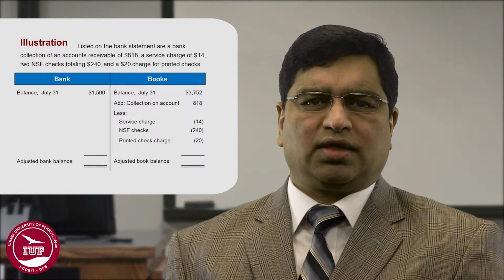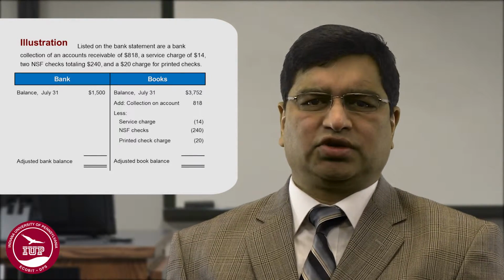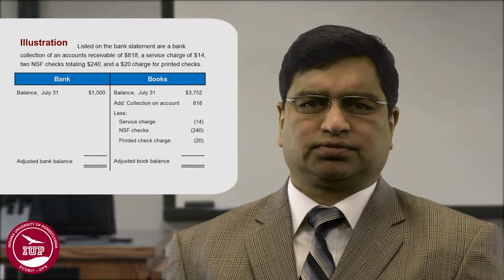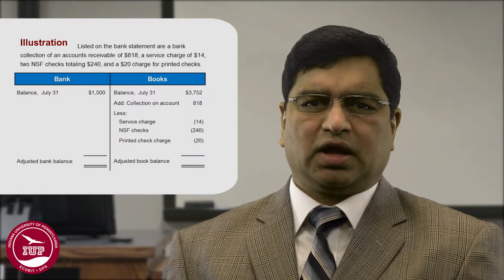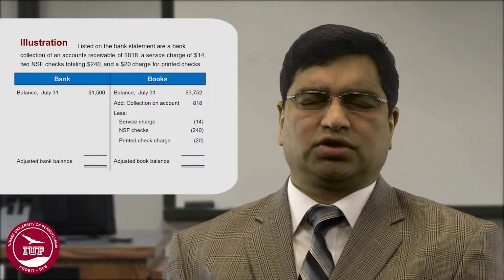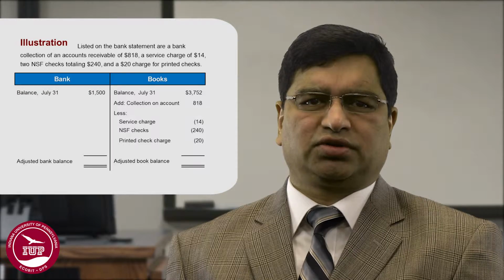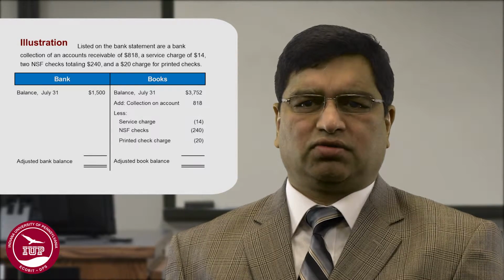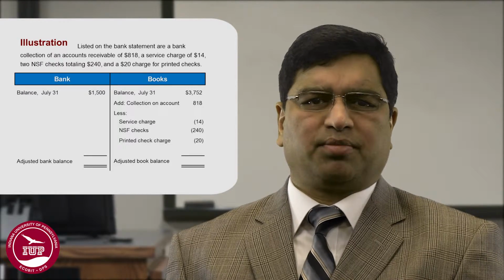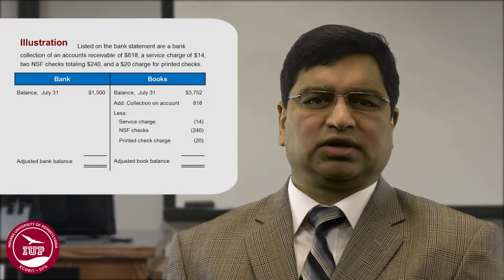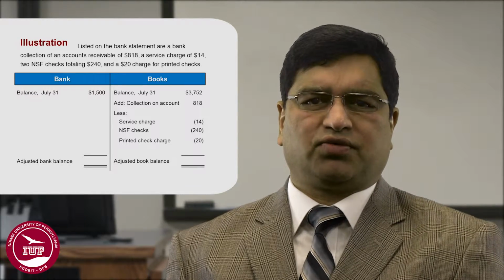So this was collected by the bank first, and therefore it needs to be added to the books for $818 to account for that. A service charge of $14 was made by the bank first, so it reduced the bank balance, and you need to reduce that service charge from the books so that the bank balance and the book balance is matching. Then there are two NSF checks of $240.